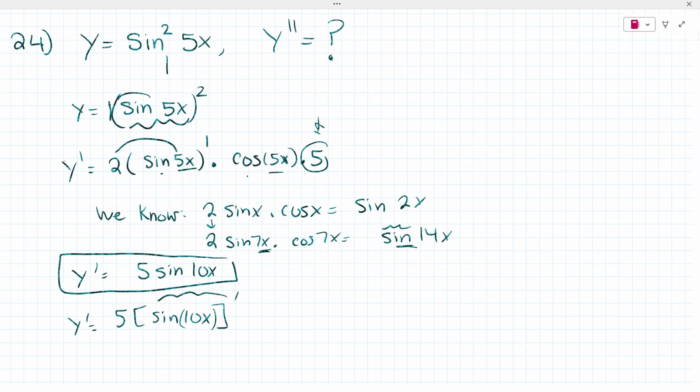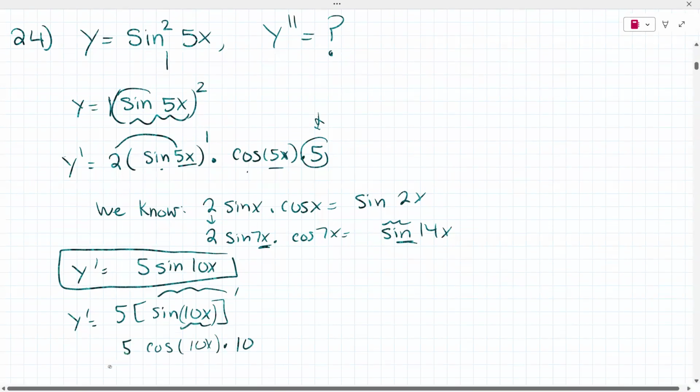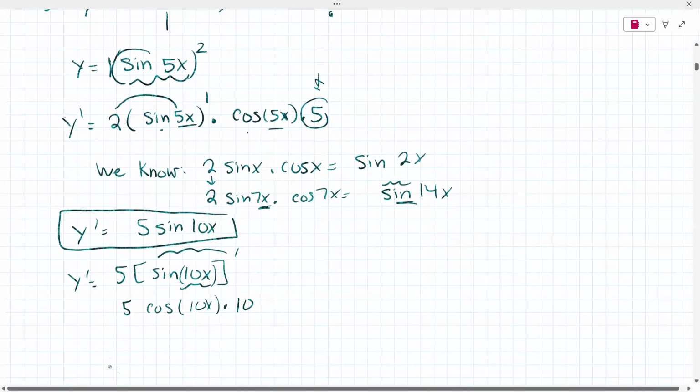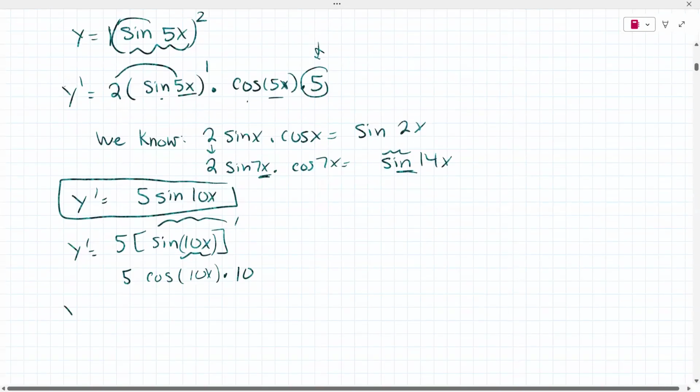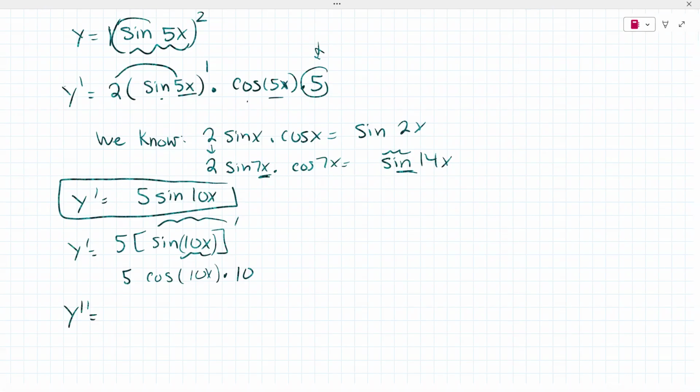So I know you got to use the chain rule. So the derivative of sine is cosine. Leave 10x alone times the derivative of 10x, which is 10. Okay, and then you still have this extra 5. So y double prime is going to be, you multiply the 5 and the 10, which is 50, and then you have cosine of 10x.